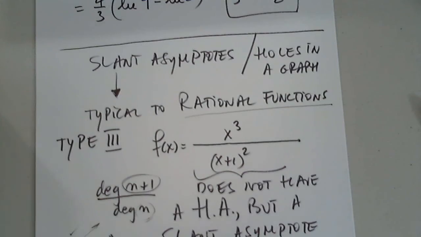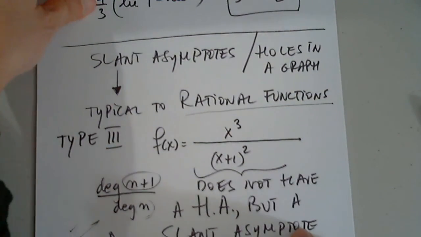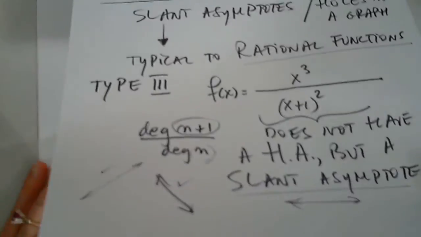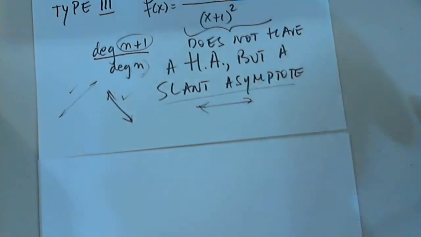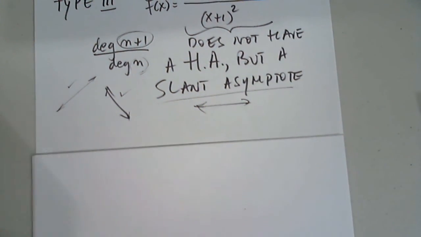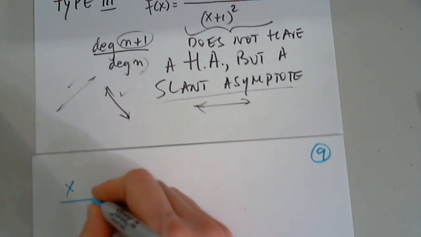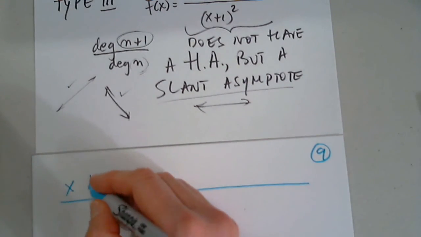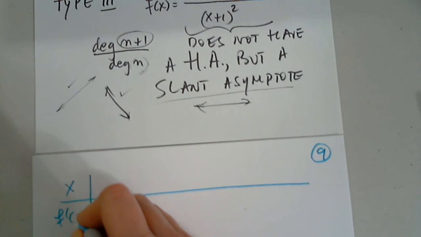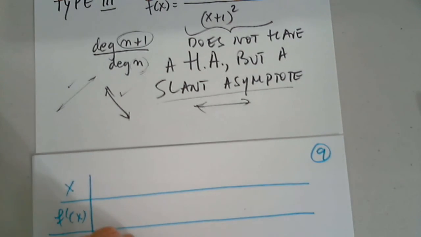Okay, so let's go through the whole steps, everything. This is a good review for the final exam anyway. So that's my page 9. Let's start with the table. F prime, f of x, and the second derivative.